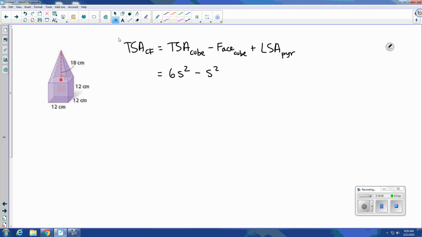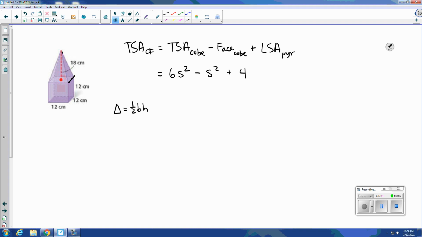And then for the lateral surface area of the pyramid, we have 4 triangles. How do we find the area of a triangle? We do 1/2 base times height. Now the base is going to be the side of the cube, so hopefully you can see, right here.